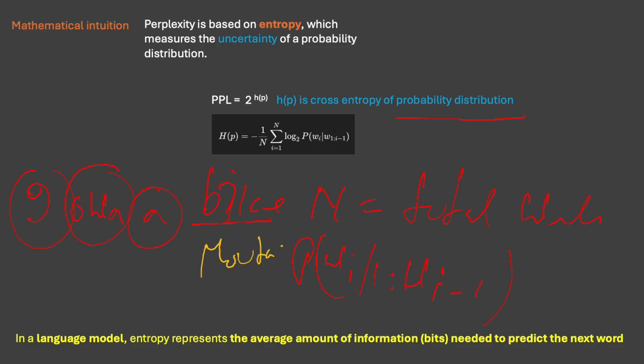Of course you can own a mountain, but just to make things really simple, let's suppose we cannot own a mountain here. So in a language model, entropy represents the average amount of information, in bits, needed to predict the next word. In a larger sense, entropy means uncertainty.